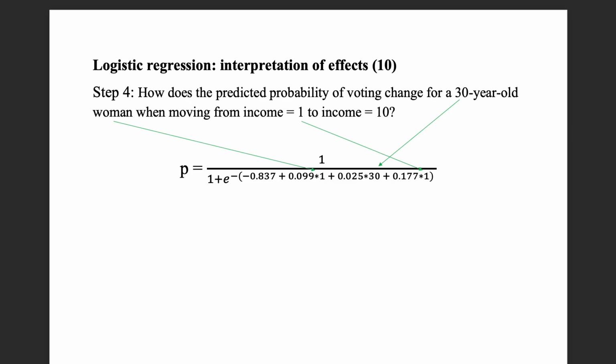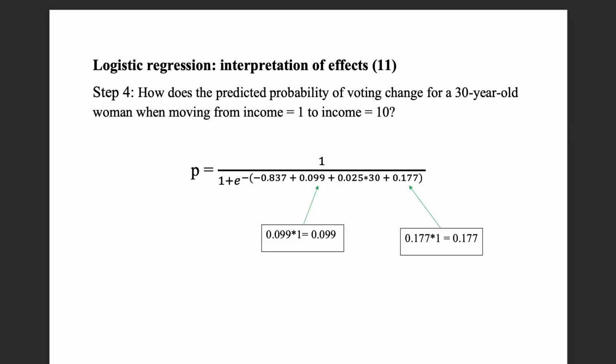As you've seen by now, I can just calculate that probability because now I have only numbers in my model. So let's do that step by step. As always, stop, pause, and see if you can get the result for yourself with your calculator at hand. That's going to help you understand what's happening. The first thing I do is, there are two coefficients in there that I would multiply by 1.